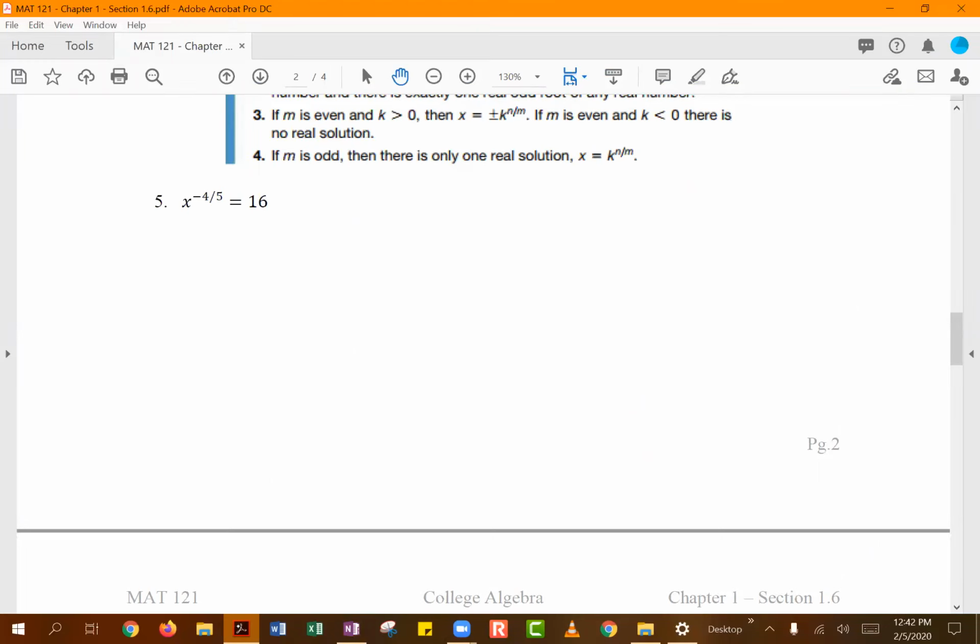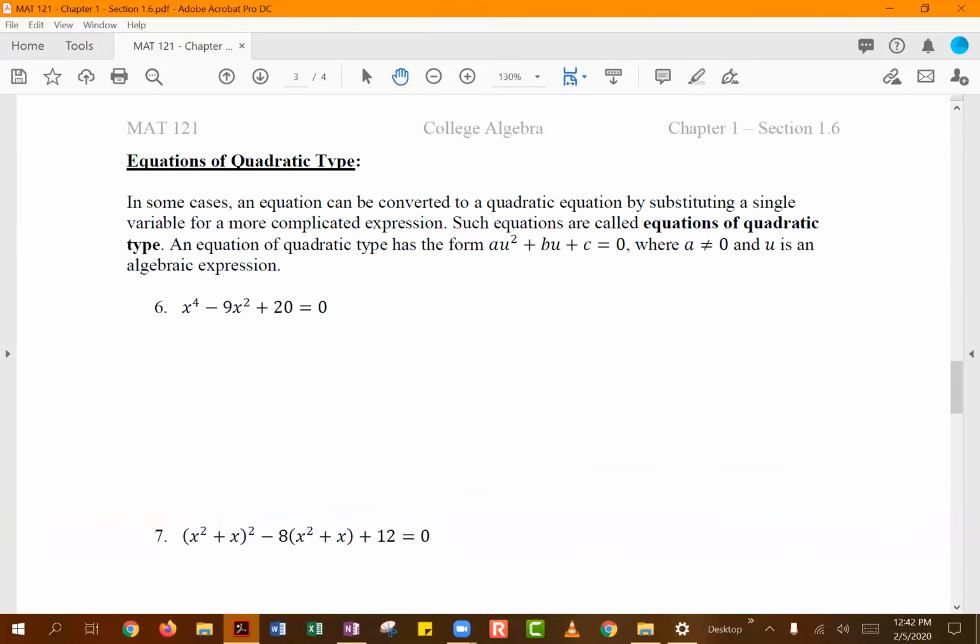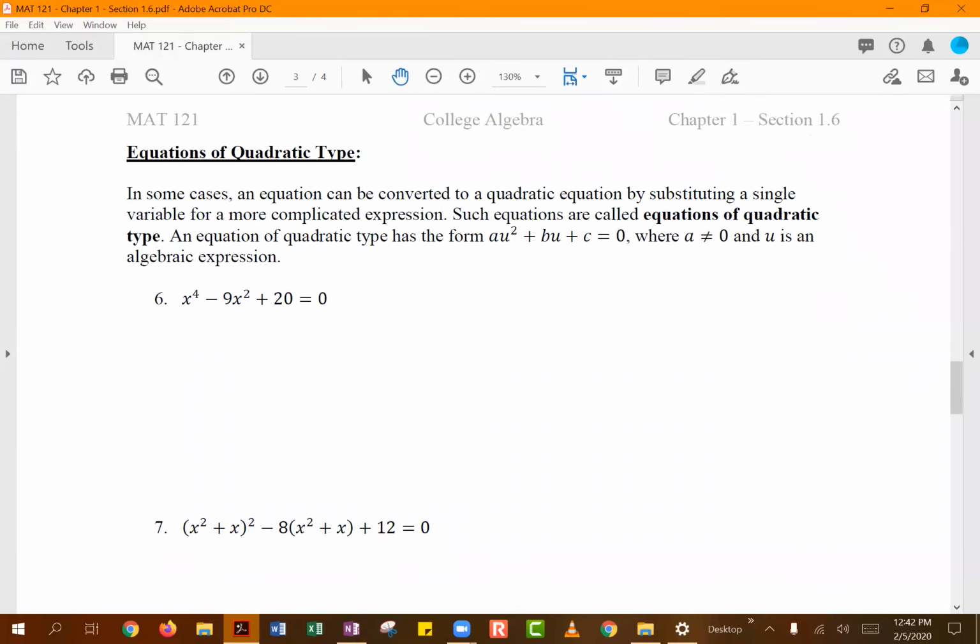All right, this one is talking about equations that resemble your quadratic type. Remember, your quadratic type is ax squared plus bx plus c equals 0. But in this case, they're higher degree polynomials that we're going to convert and simplify by putting them into some format like this, so that I can use the techniques of quadratic equations to solve them instead of inventing a new method.